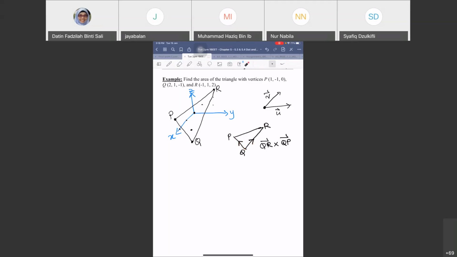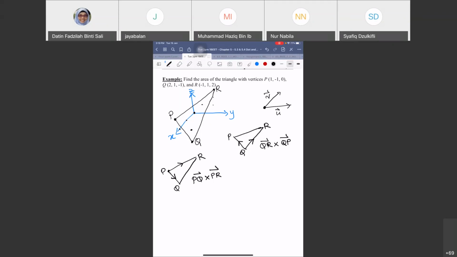Now, but this is not the only one. Maybe you can also establish PQ. Maybe I draw a different triangle, same PQR like this. Maybe this time it is like this, PQ and PR, with the same initial point there. So this one is vector PQ cross vector PR.